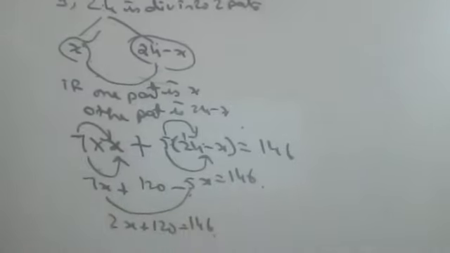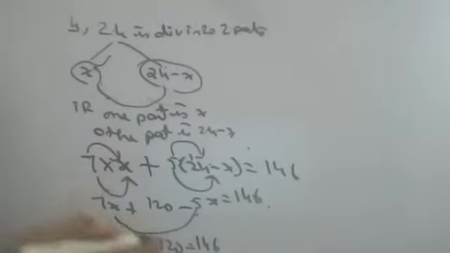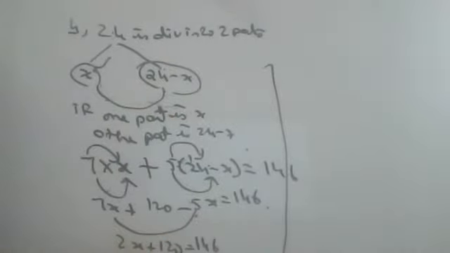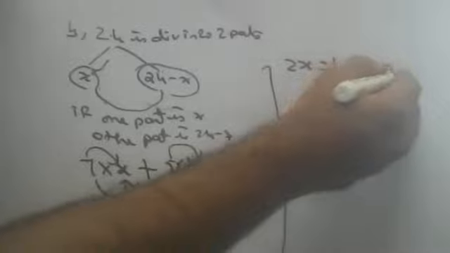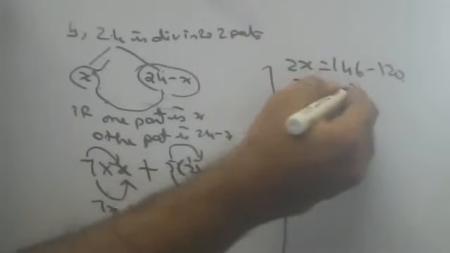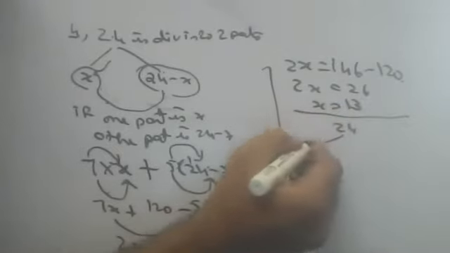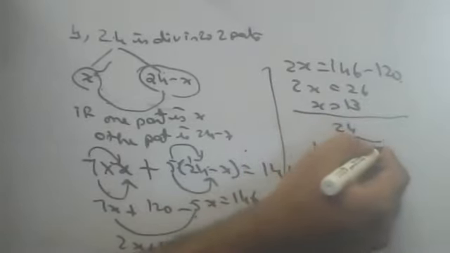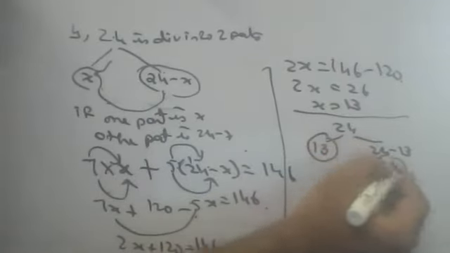Okay, children. 2x plus 120 is equal to 146. I am taking 120 that side. 2x is equal to 146 minus 120. 2x is equal to 26. x is equal to 13. So in 24, one part is 13 means what is the other part, children?